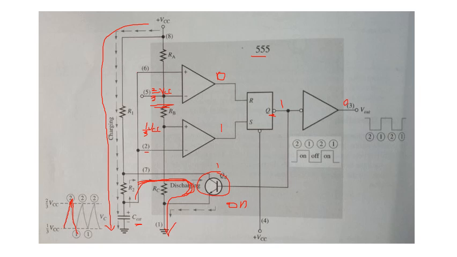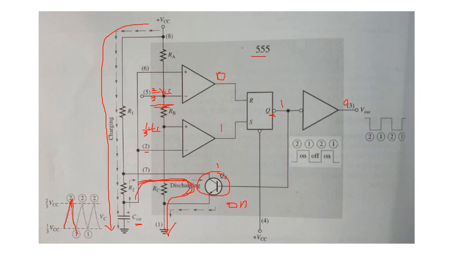Initially it was 0, now it will be high. In an RS flip flop, the 0 0 state is no change. So now it is 0 1 state. When this is 1, set will be 1 and the Q output will be 1.